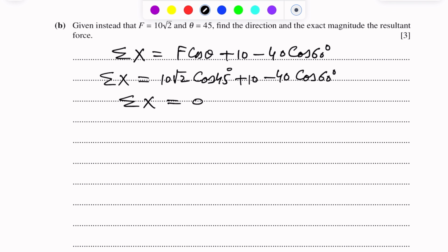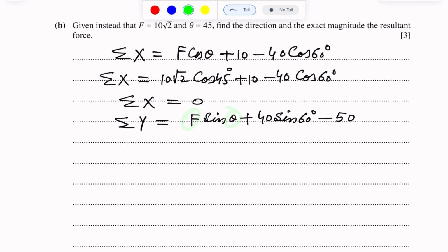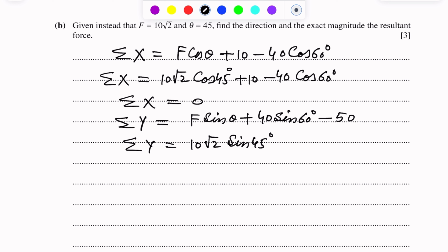In the same way, we will find summation y. Already we have found in part A that summation y is equal to f sine theta plus 40 sine 60 degrees minus 50. Putting the values of f and theta here, we get summation y equal to 10 under root 2 sine 45 degrees plus 40 sine 60 degrees minus 50.